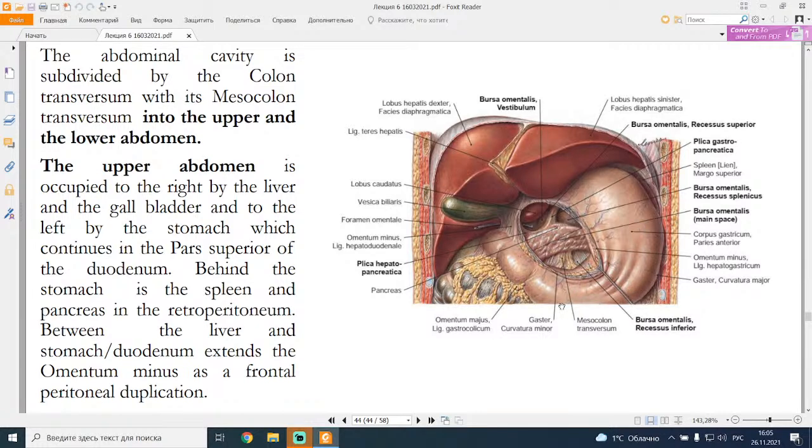Behind the stomach are the spleen and pancreas in the retroperitoneum. Between liver and stomach, duodenum, extends the omentum minus, a frontal peritoneal duplication.